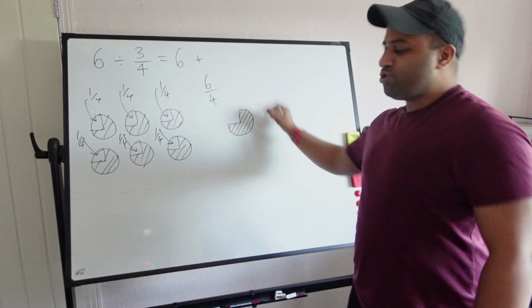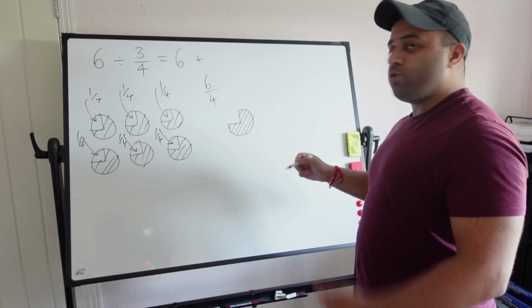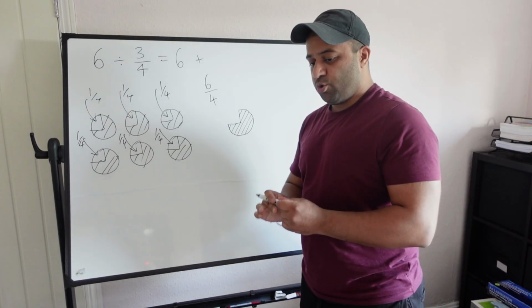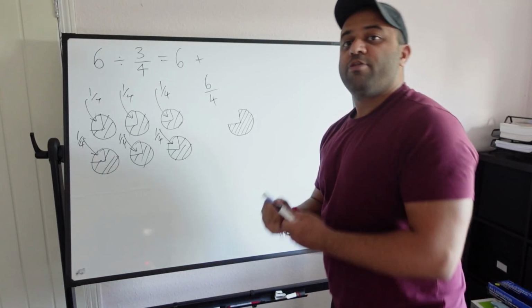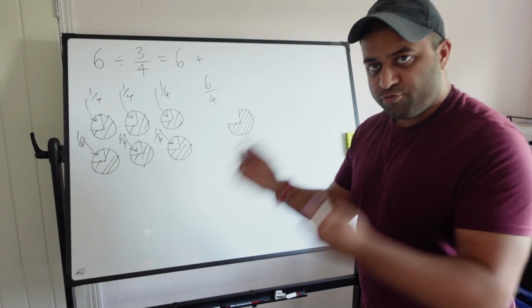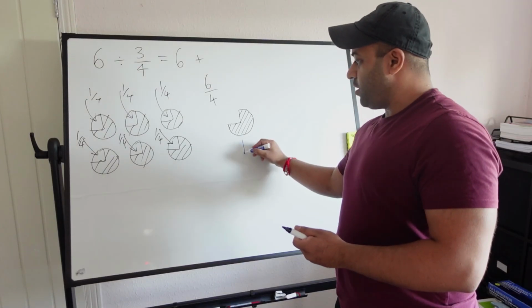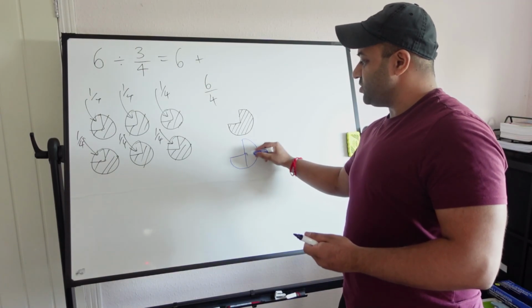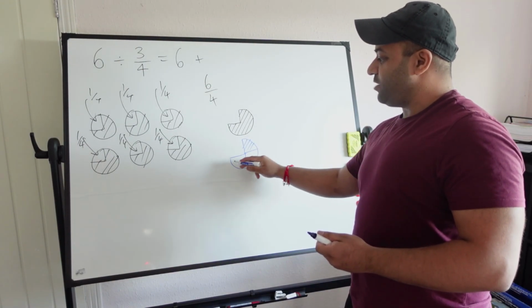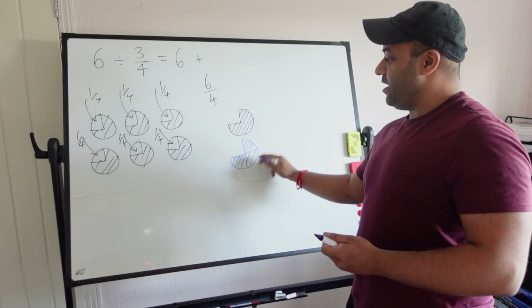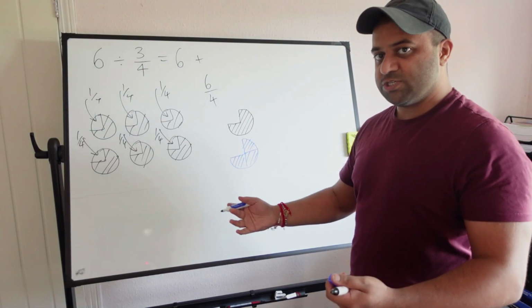Now, this 3 quarters, we could split it up into the separate 3 lots of a quarter. So I'll draw it in blue. This 3 quarters is made of 3 separate quarters.